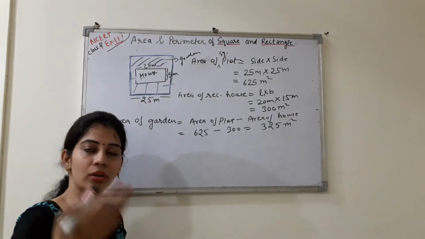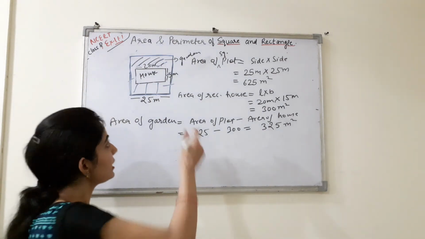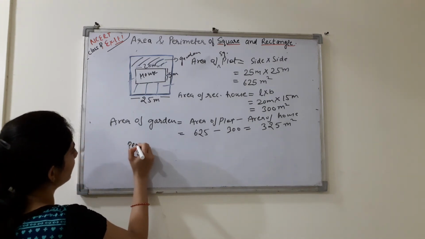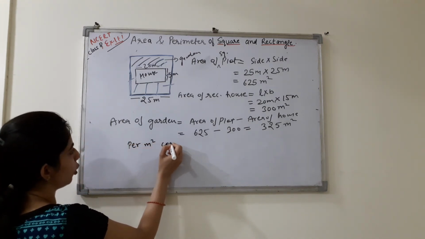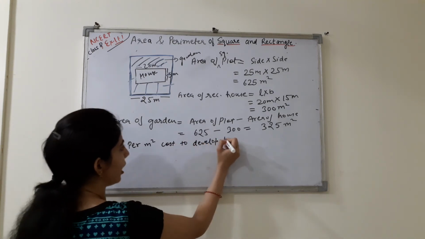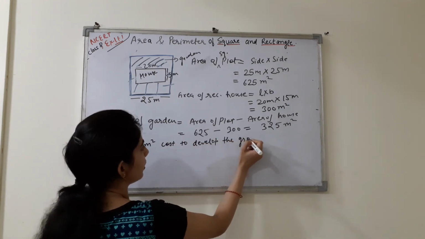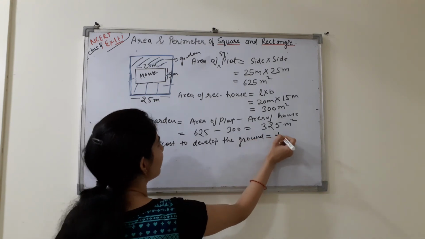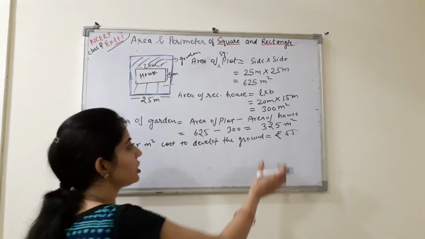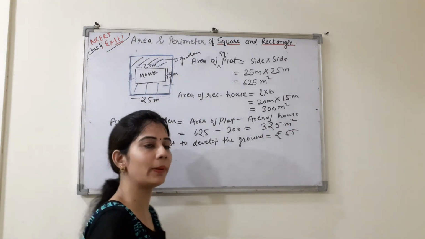Now आपको अब cost find करनी है इसको develop करने में. So you have given per meter square cost to develop the ground, that is your rupees 55. So what will be the total cost to develop? जितना total area है उसको multiply कर दो.